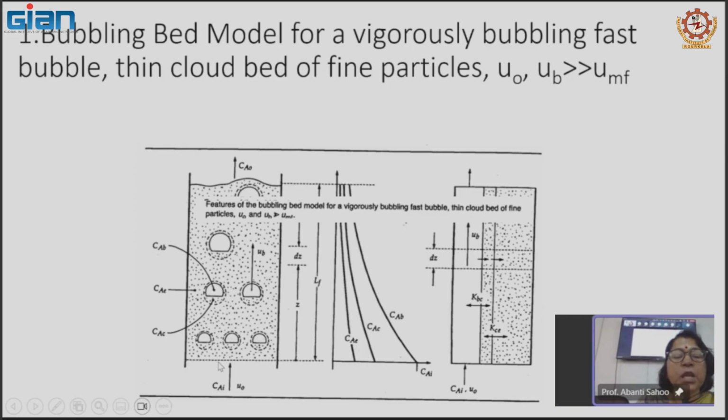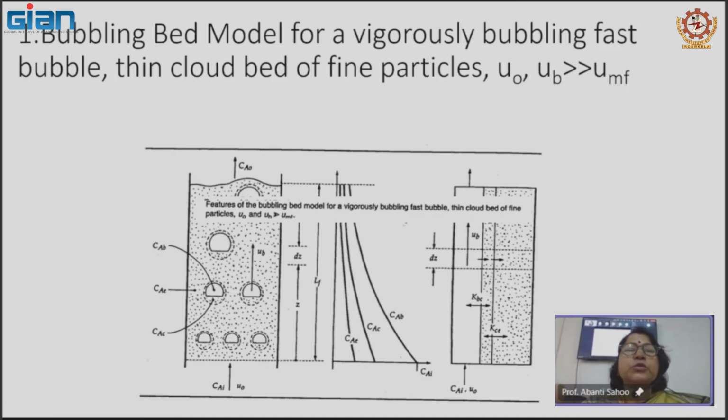Initially small bubbles will be forming because pores are there in the distributor. When the gas flows through, small bubbles form, and these bubbles coalesce with each other and tend to form larger bubbles. But as it is a vigorously bubbling bed, bubbles will be forming continuously and moving. Here the bubble speed is faster than the gas velocity, that is, the velocity with which the bubble is rising is greater than the minimum fluidization velocity.